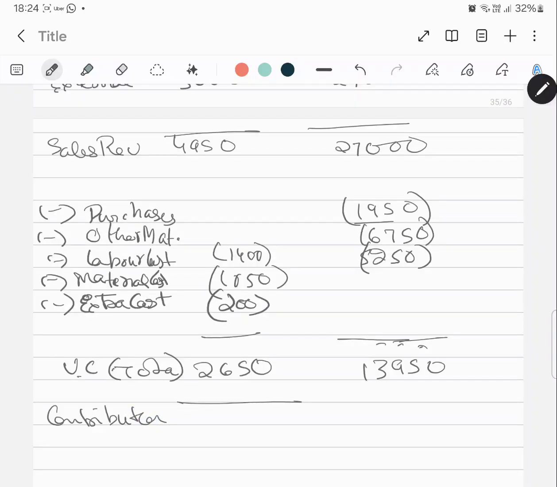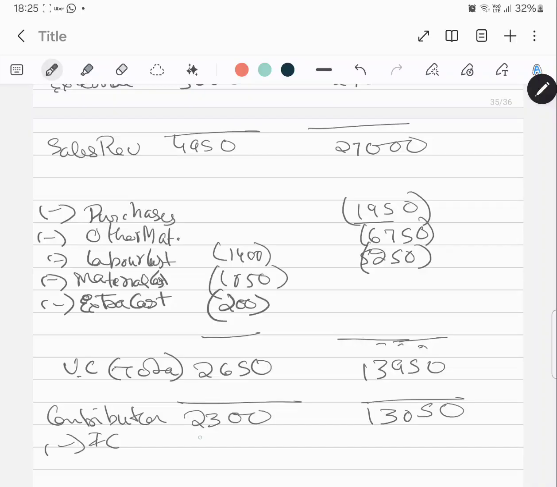So 4950 minus 2650, it's 2300. Yeah, 13,950, that is 30,550. And now the fixed cost.